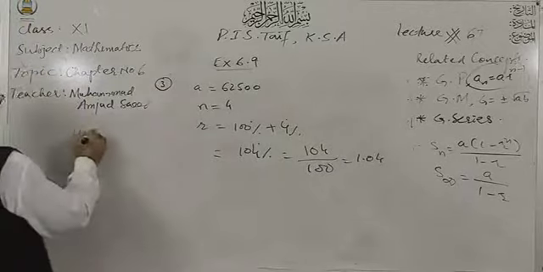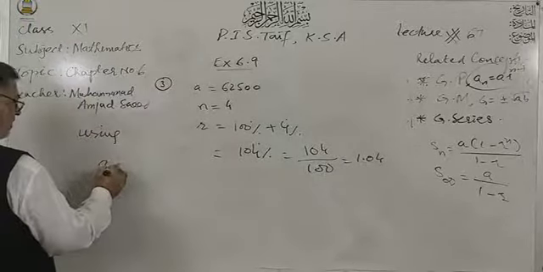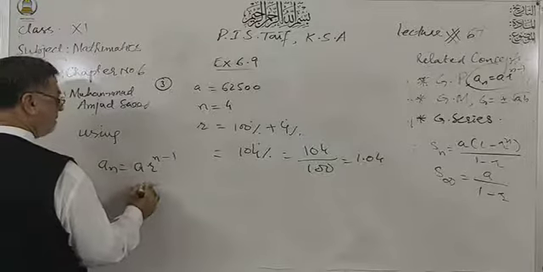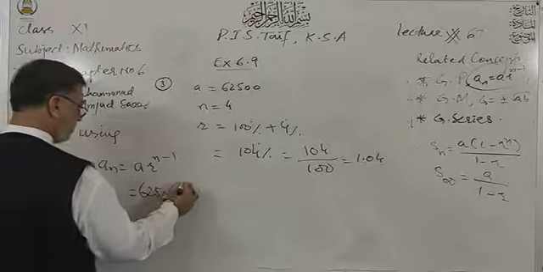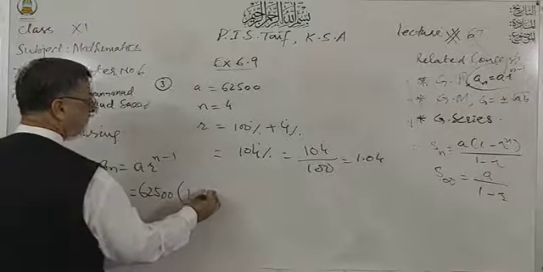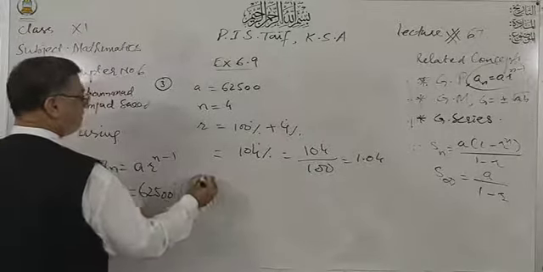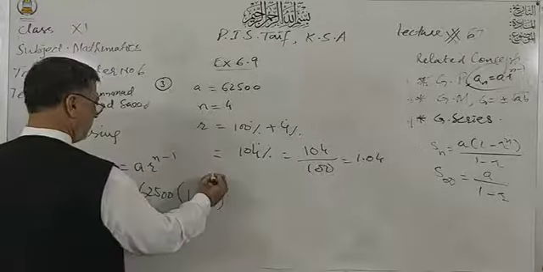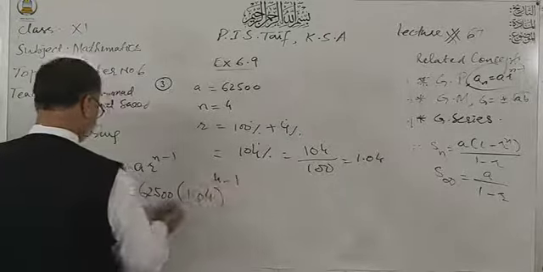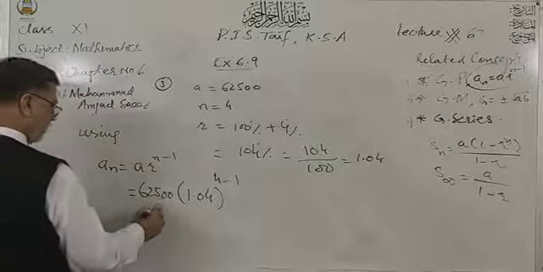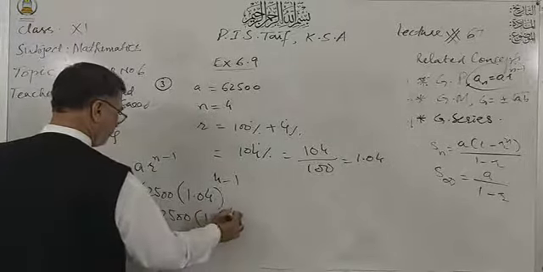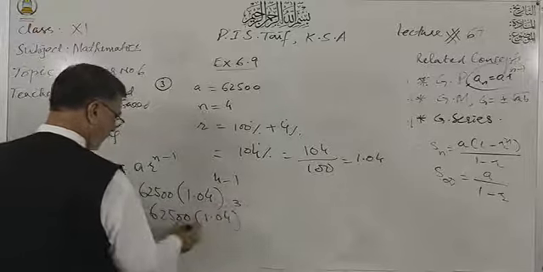Using the formula an is equal to a r^(n minus 1), a is 62500, r is 1.04, power 4 minus 1, so 62500 times 1.04 power 3.